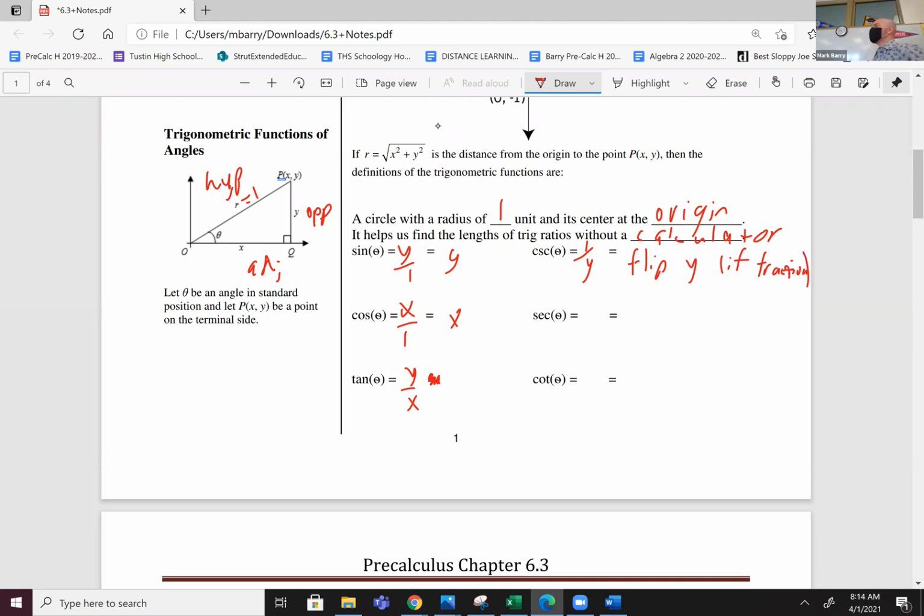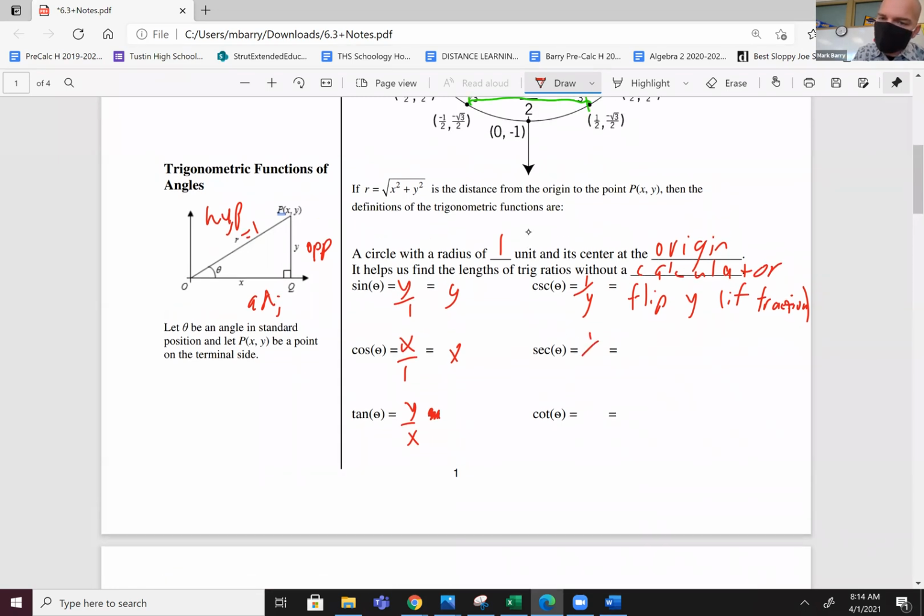And we're going to see very often it is a fraction. So instead of doing 1 over the fraction, which would mean we multiply by the reciprocal and flip it anyway, I'm just going to say you flip y, okay? So then secant is going to be 1 over x, which again, if x is a fraction, we can just flip x. If x is not a fraction, which we are going to see a few of those, then I would do 1 over x. But if x is a fraction, just flip it.